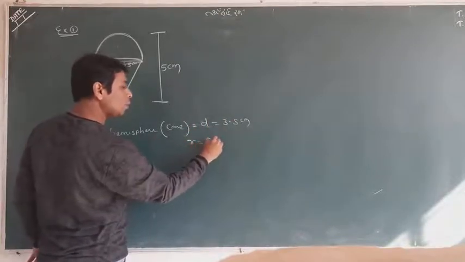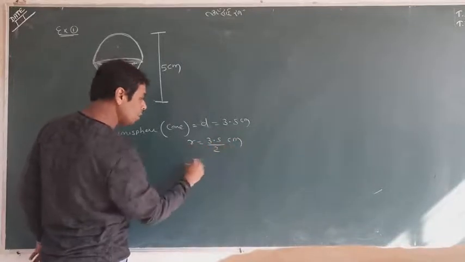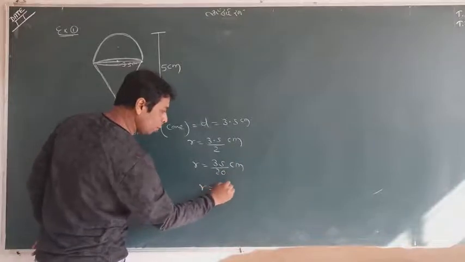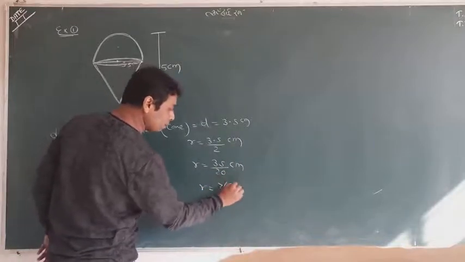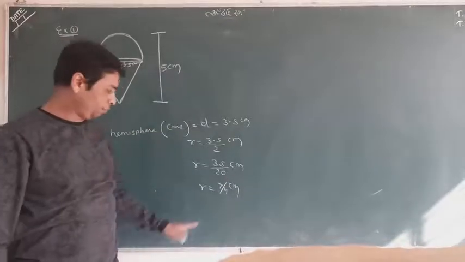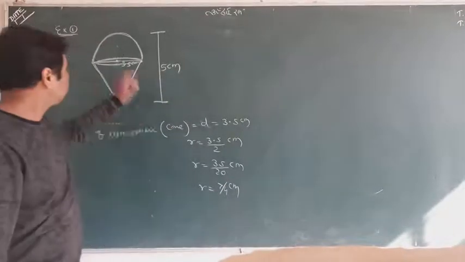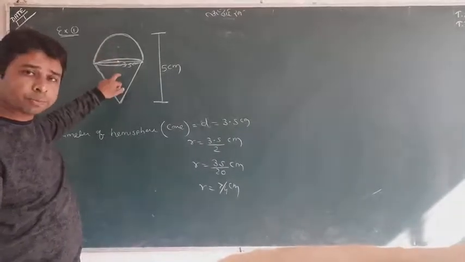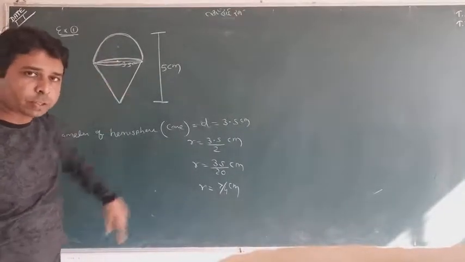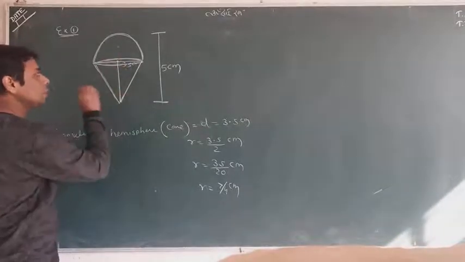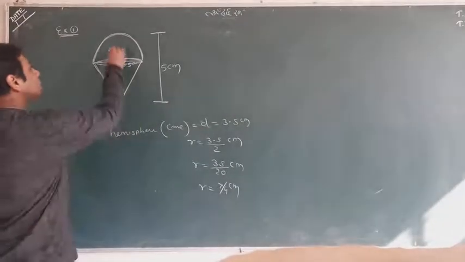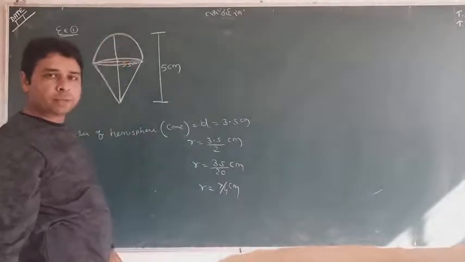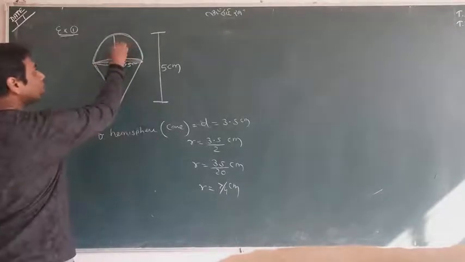So R equal to 3.5 by 2 centimeter, R equal to 35 by 20 centimeter, R equal to 7 by 4 centimeter. This is the radius of the hemisphere and the radius of the cone also. But one more thing which is very important, height. This portion is the radius of the hemisphere, which is 7 by 4.